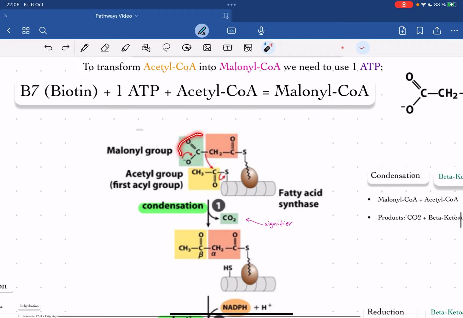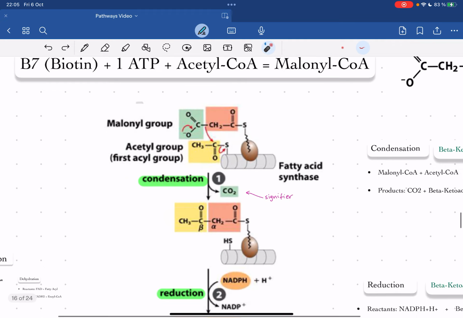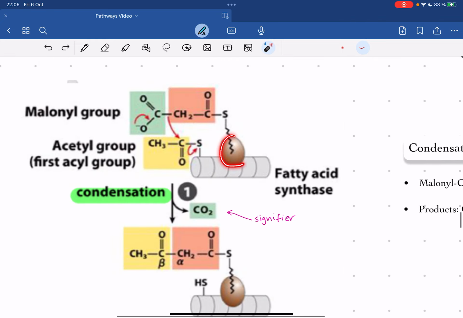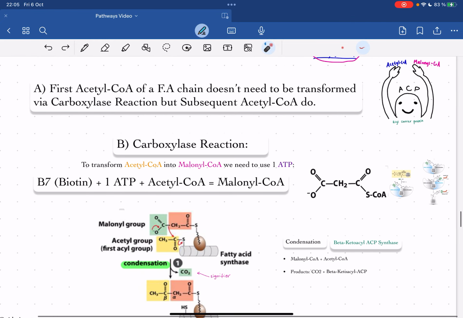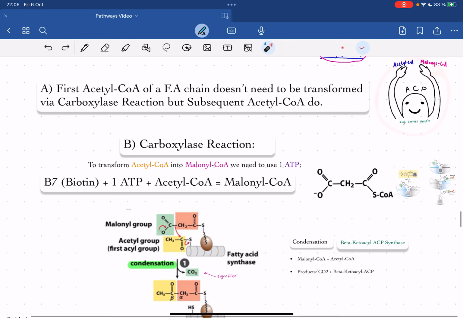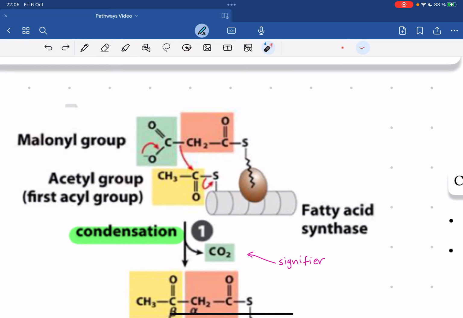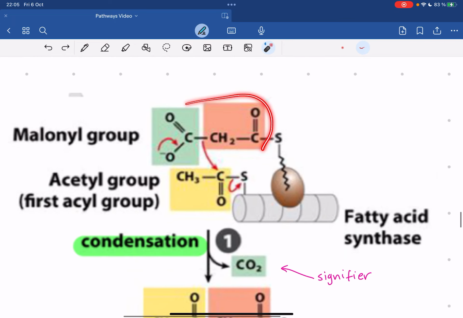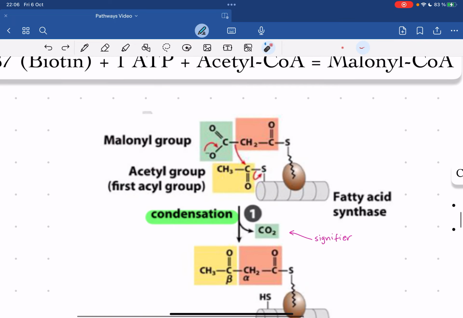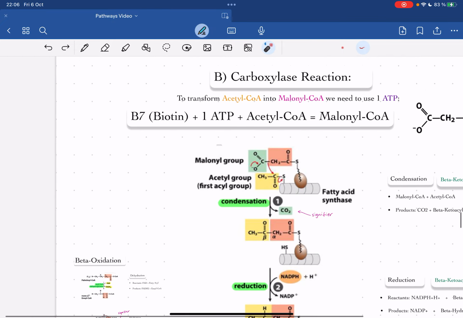Here we have the malonyl group right here, and here is the acetyl group, right? And this is the little guy that I drew right here. It's represented by this brown dot. So he's holding this malonyl group right here as his left arm, and this is his right arm where he's holding the acetyl-CoA.